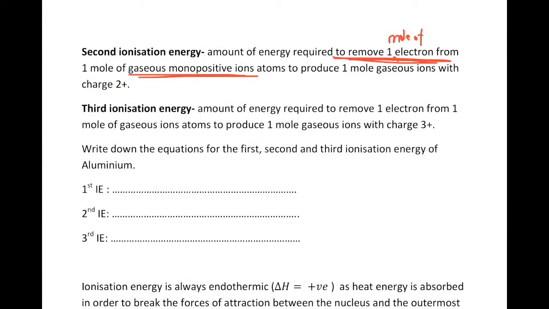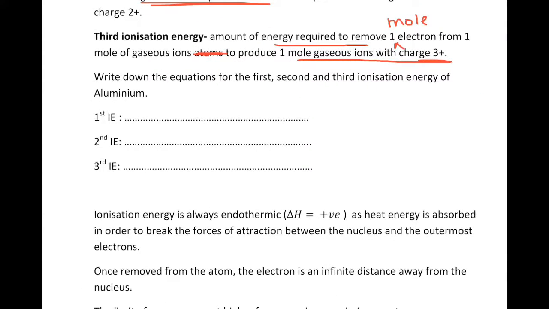So the third ionization energy is the energy required to remove 1 mole of electrons from 1 mole of gaseous ions to produce 1 mole of gaseous ions with charge 3+.